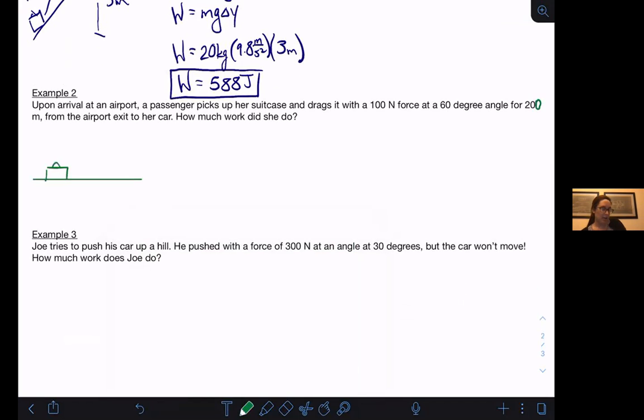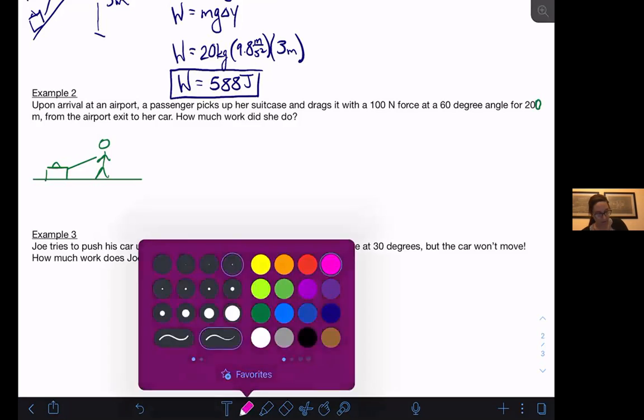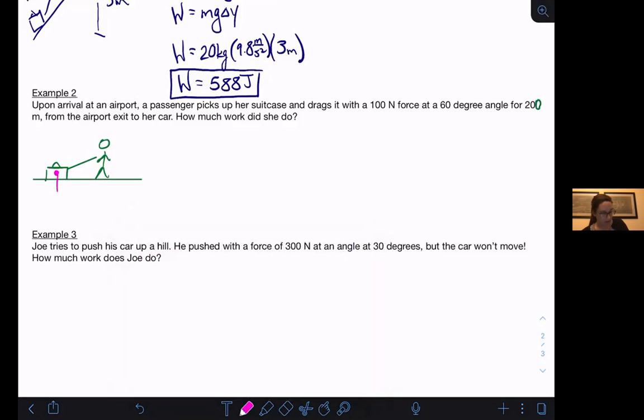So she's got her suitcase, right? She's walking and she's kind of pulling on it like this. She must have some kind of rope or something. So if we draw a real quick force diagram, I'm going to do the laziest force diagram you guys have ever seen.